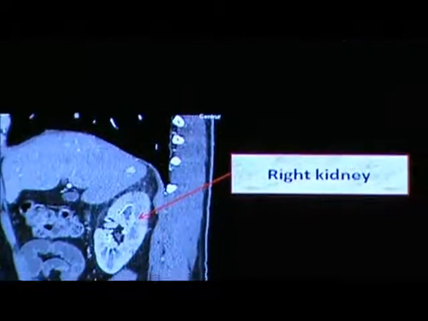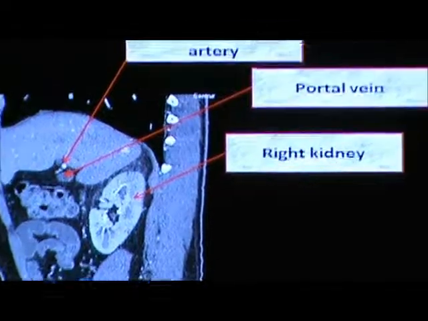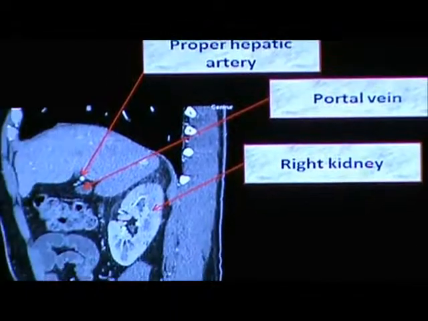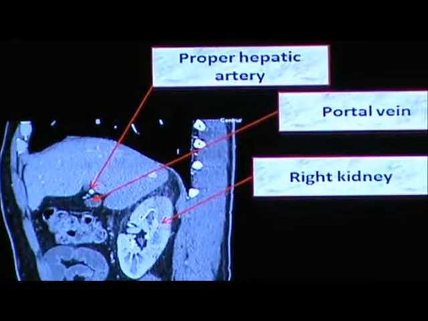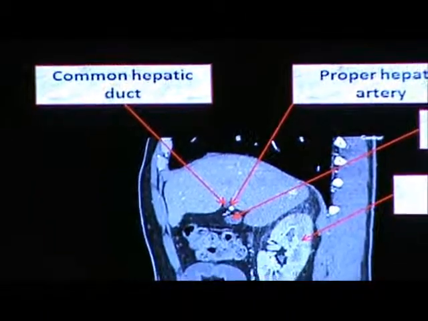And if we move a little to the right, we have a transection through the hilum of the liver, as well as the right kidney. So we have some structures that the hilum, or the porta of the liver, porta hepatis, contain. So we have a common hepatic artery.